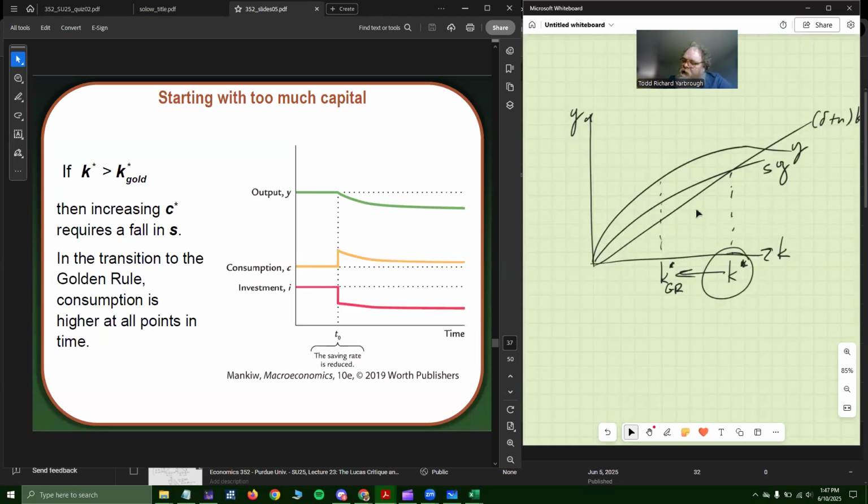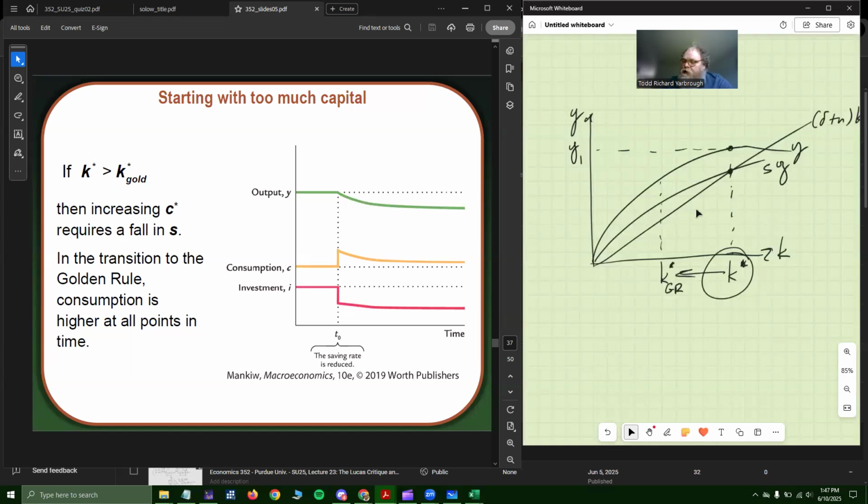But ultimately, moving in this direction is going to put the variables on paths, right? So let's think in terms of output. Output starts up here, so we'll call this Y1. Then as we transition to the steady state, the savings rate doesn't affect output in terms of the production function.